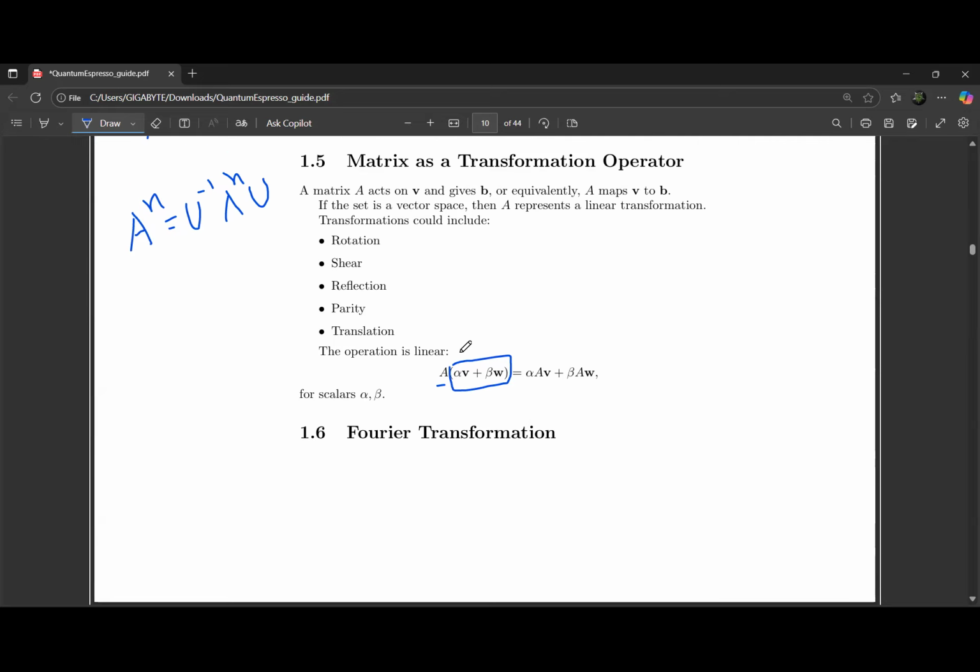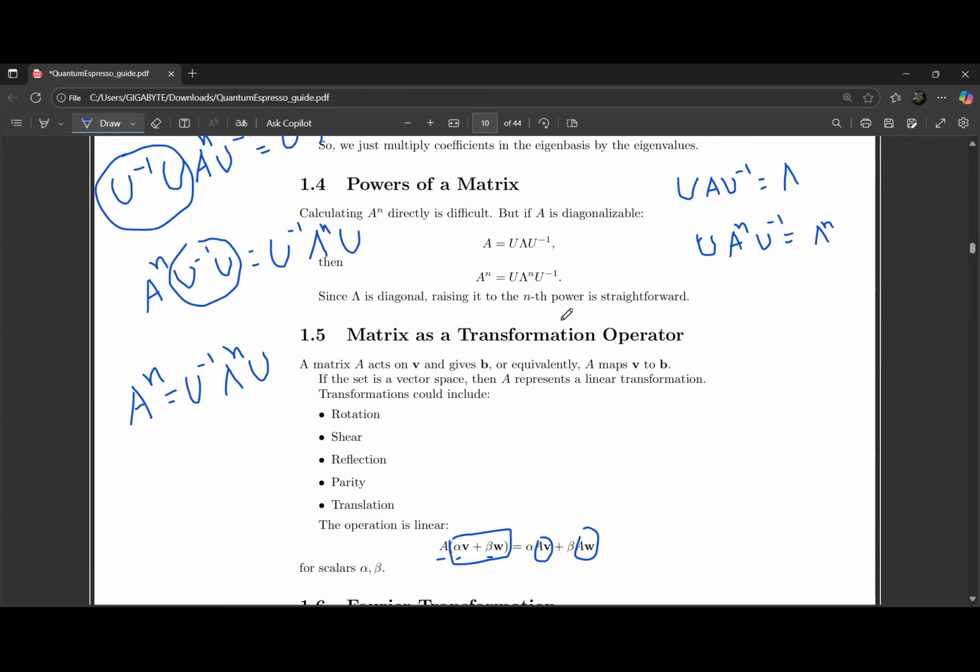So if we compute this, here alpha and beta are scalars, A is a matrix, V is a vector. So we can calculate it in this way, and we will solve some complex problems with these concepts.